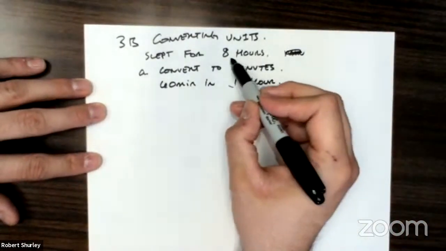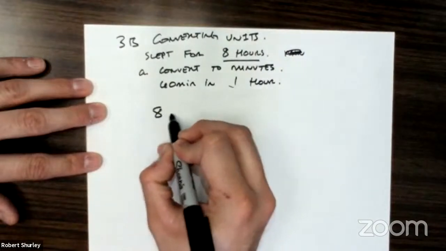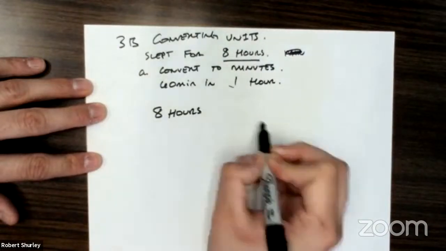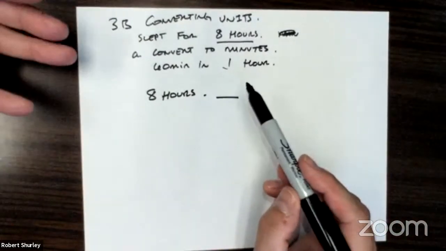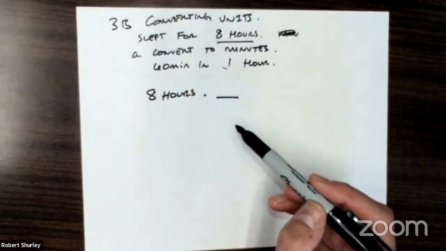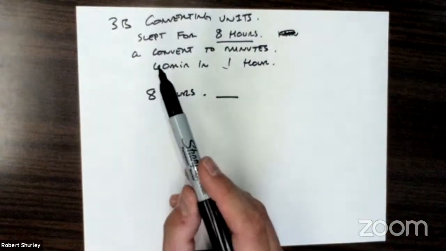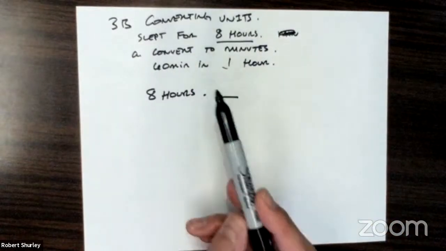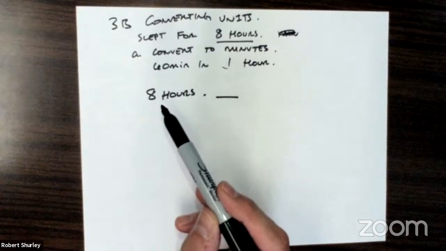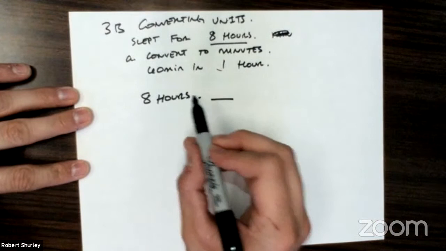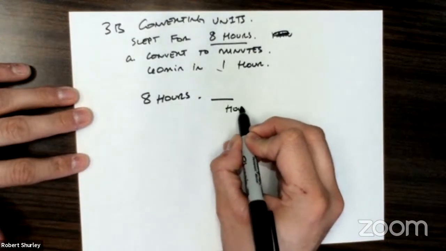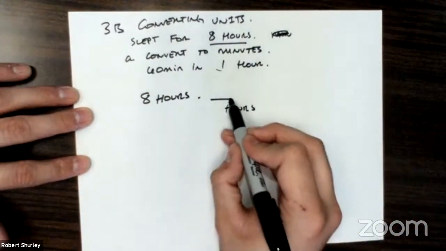So let's start with the hours that we slept. So 8 hours we slept. Now we're going to multiply this by 1, really, but it's a ratio, and that ratio will give us 1. We know there's 60 minutes in 1 hour. Now our goal here is to get rid of hours. So whatever unit we're starting with that we want to get rid of, that unit needs to be on the bottom, okay?